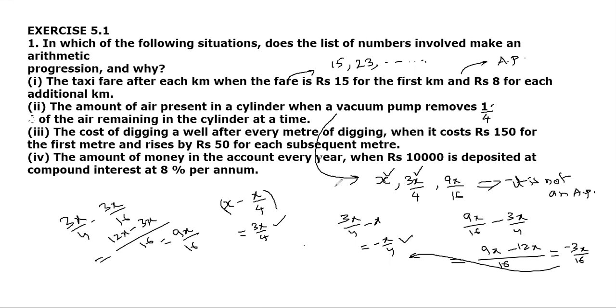Next: the cost of digging a well after every meter, when it costs 150 first and rises by 50. It is an AP because every time we are adding a constant fixed number.